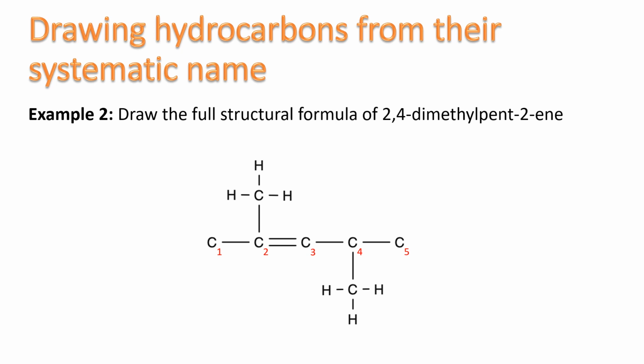So carbon 2 has a methyl branch, carbon 4 has a methyl branch, and our last step is to fill in the remainder carbons with hydrogens. So again, you look at every carbon in the chain in turn, count how many bonds are currently attached, and add hydrogens to make that up to 4 bonds. And when we do that, we should end up with this molecule here. So again, if we pause here and copy this example down.